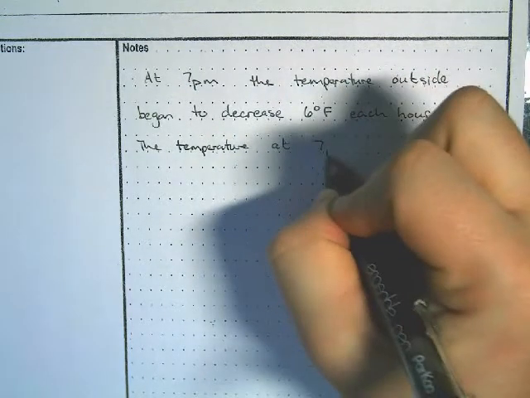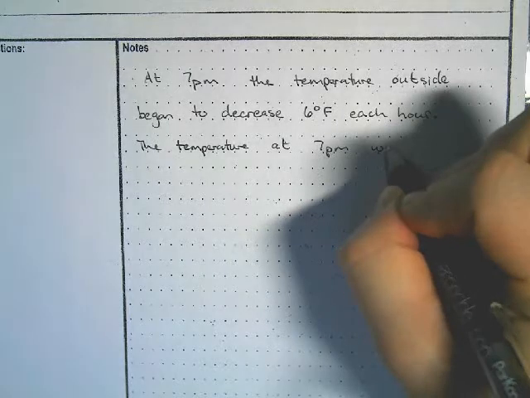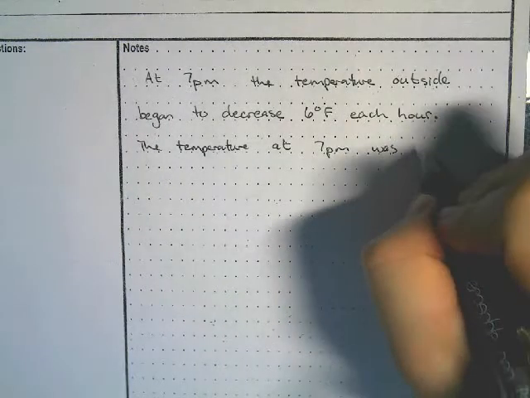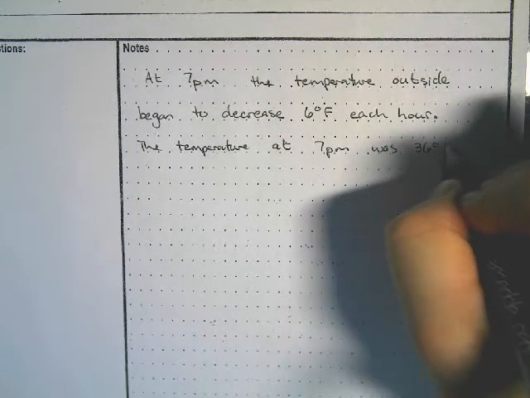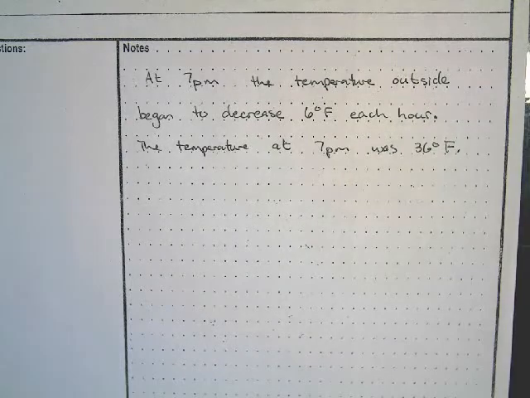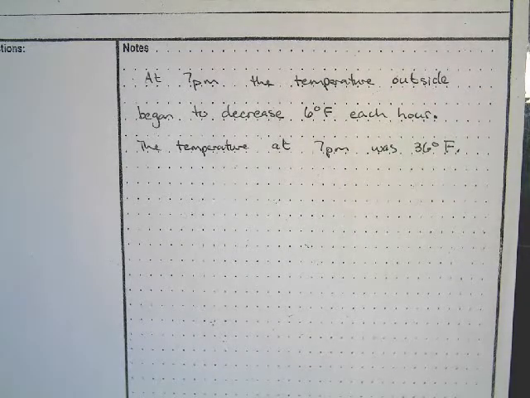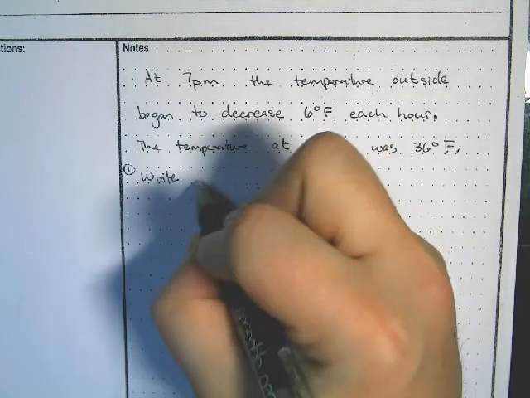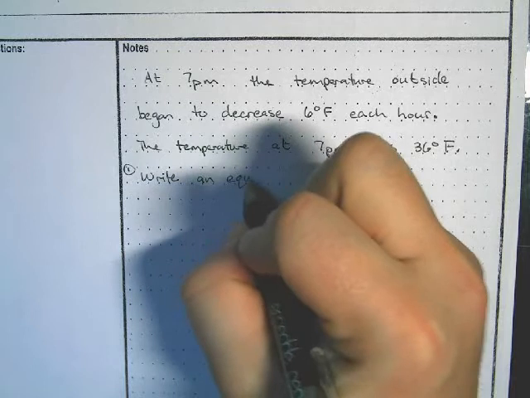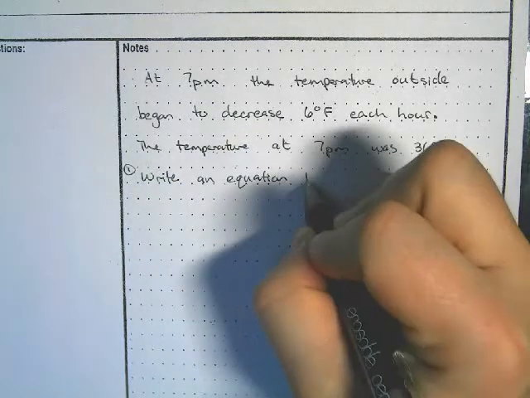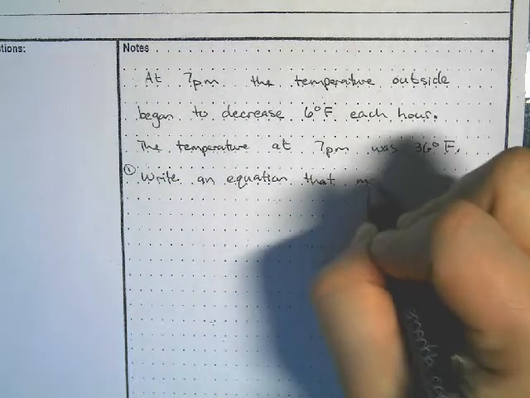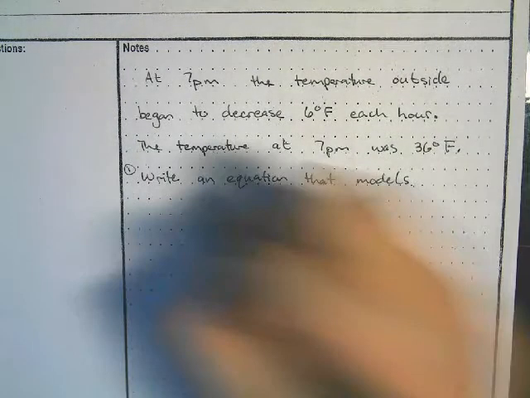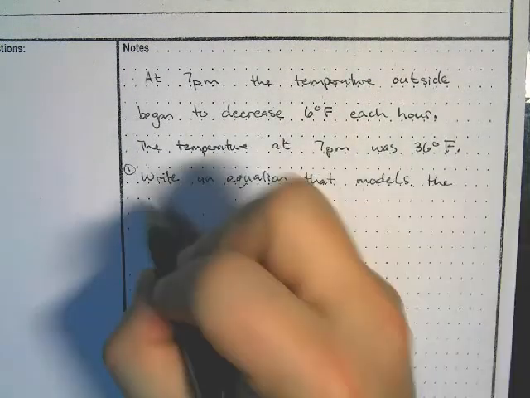The temperature at 7 p.m. was 36°F. 1. Write an equation that models the situation.